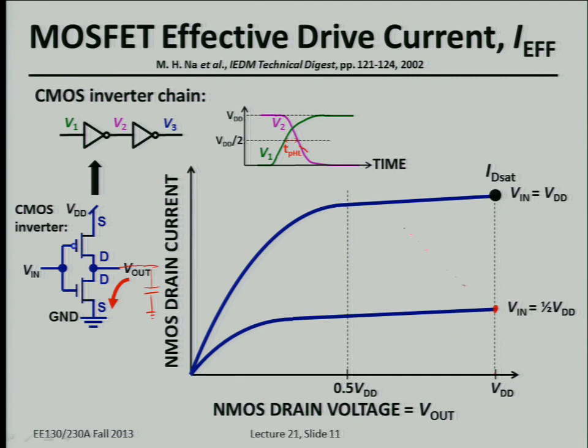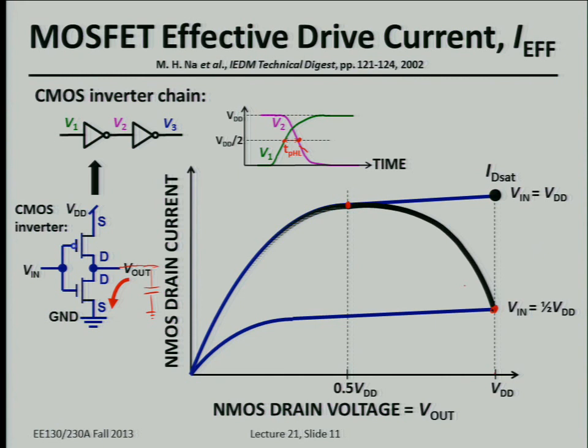So over time you're going up to a higher gate to source curve, but the output voltage is going down. Dynamically, your transistor starts out at this point here, and then at this point in time, it's operating like here. Does that make sense?